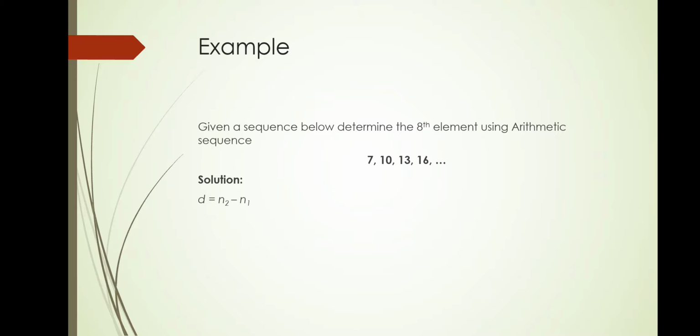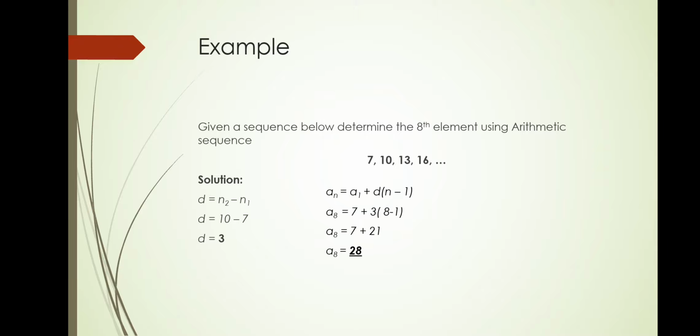So, a sub 2 minus a sub 1. So, substitute the values. We have the second term is 10 and the first term is 7. Now, 10 minus 7 is 3. Our common difference is 3.